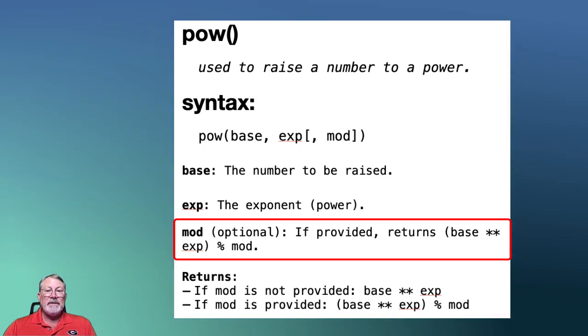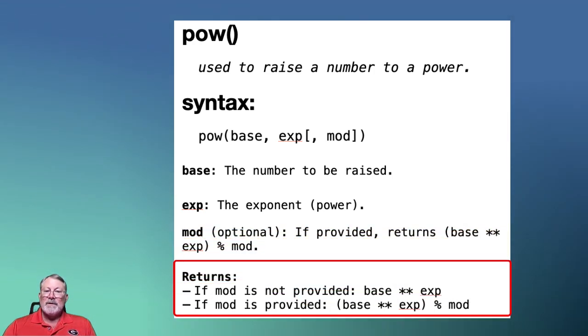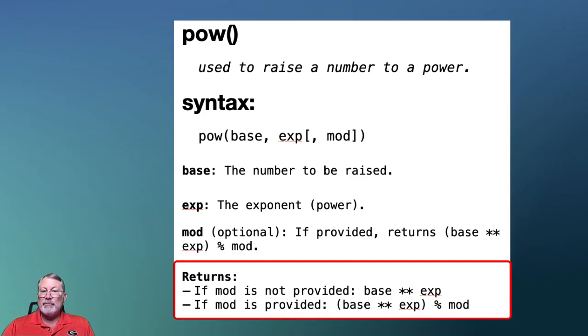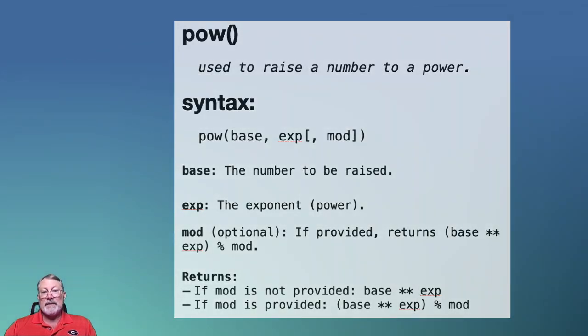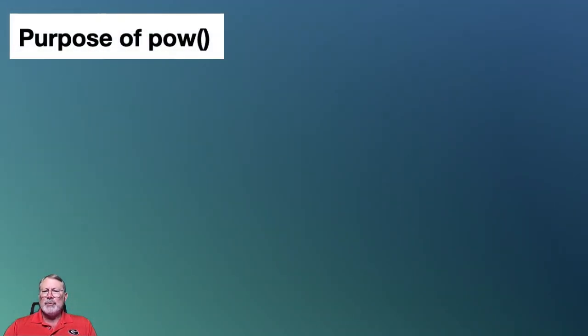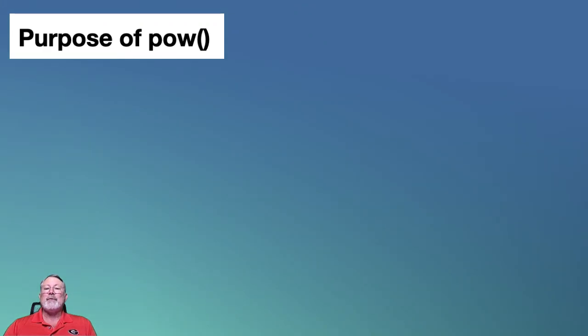If provided, the function returns the base raised to the exponent modulo the mod value. The function returns a number, either the result of base to the power exp or the modular result if mod is specified.